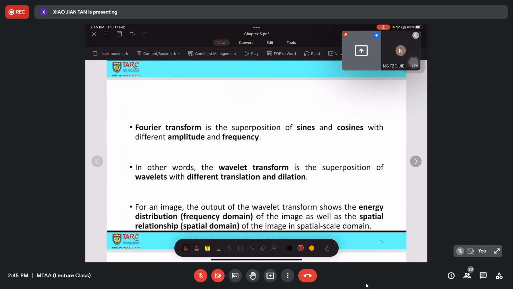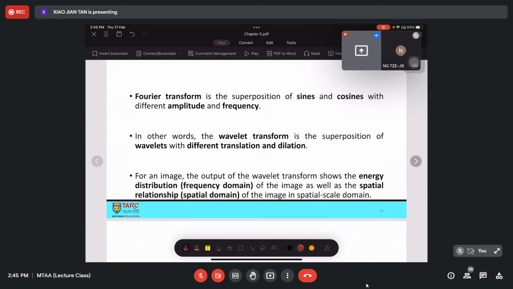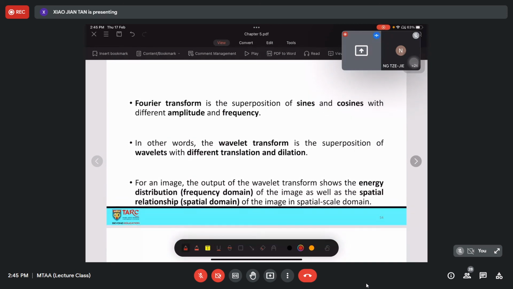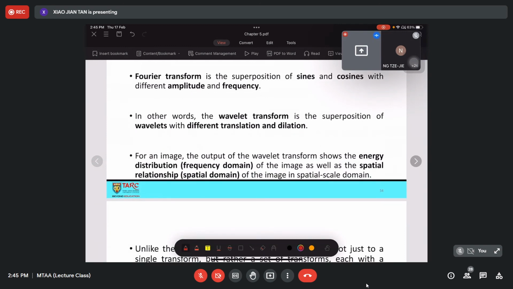The Fourier transform is the superposition of sine and cosine with different amplitude and frequency. In other words, the wavelet transform is the superposition of wavelets with different translation and dimension. For an image, the output of the wavelet transform shows the energy distribution, which is the frequency domain of the image, as well as the spatial relationship, which is the spatial domain of the image in a spatial scale domain.